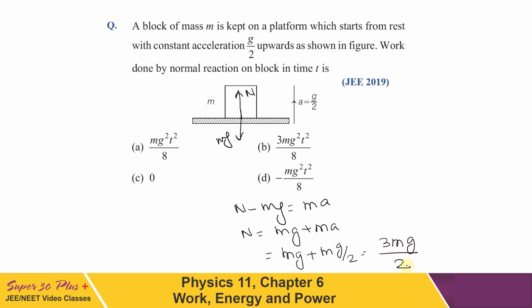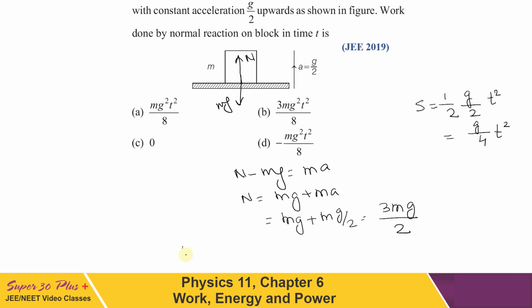Now in time t, what distance will the block move? That can be calculated by S equal to ut plus half at square. It had started from rest, so u has to be 0. Directly we can write half at square. And the value of acceleration is g/2 in upward direction, so S is g/4 t square.